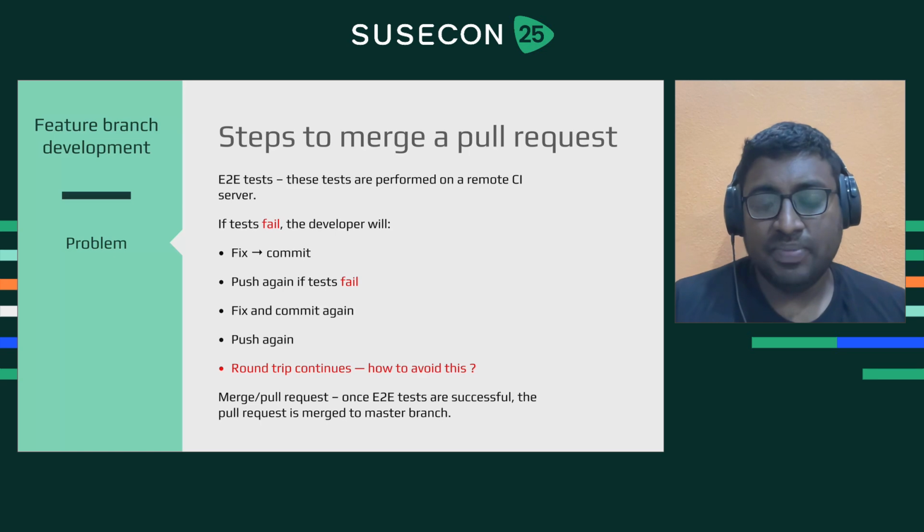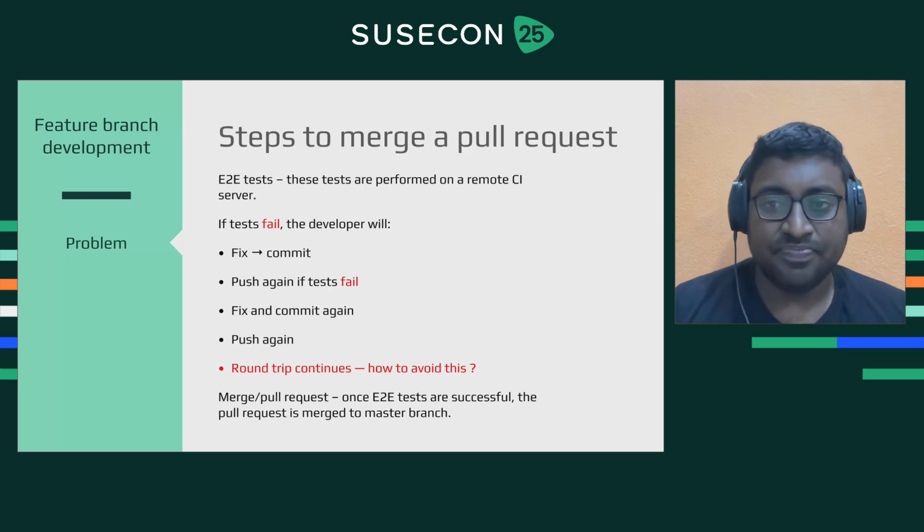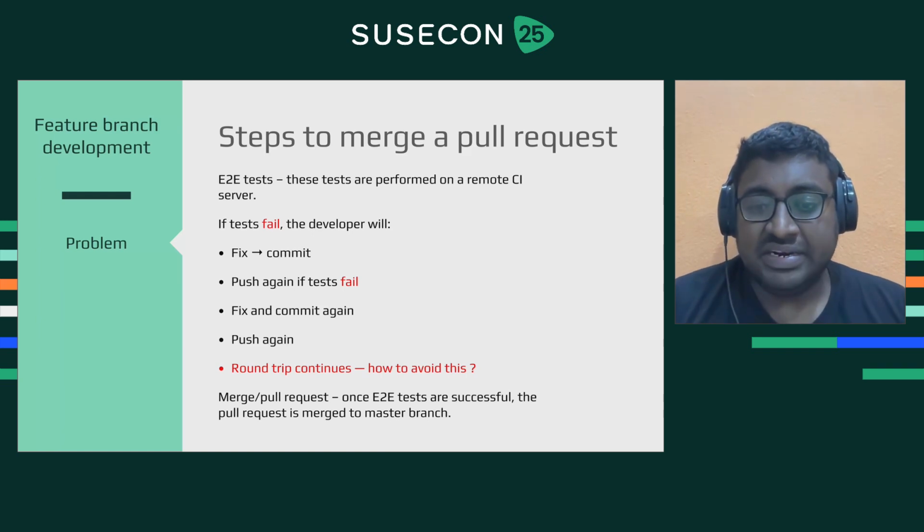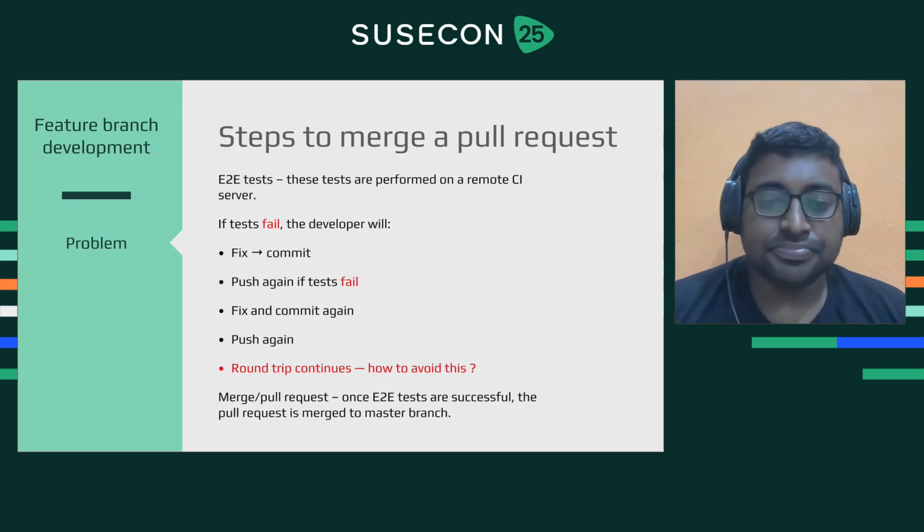It would take him a while to understand why it failed by looking at the remote CI/CD server, and then try to reproduce the same thing locally and fix that issue. You can see this round trip of trying to fix an issue until eventually all the end-to-end tests are successful is a painful point for a developer.